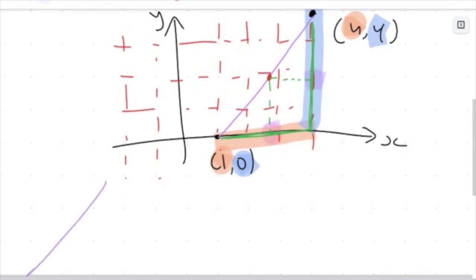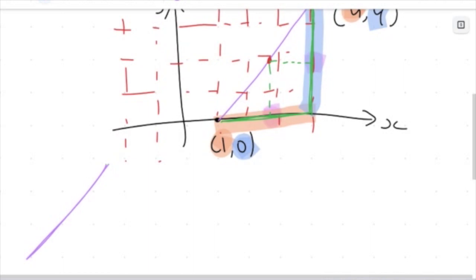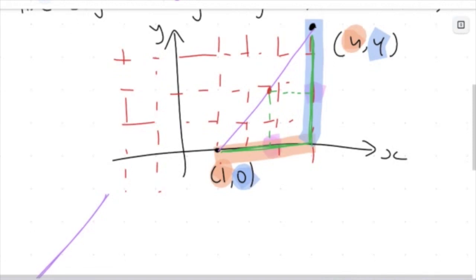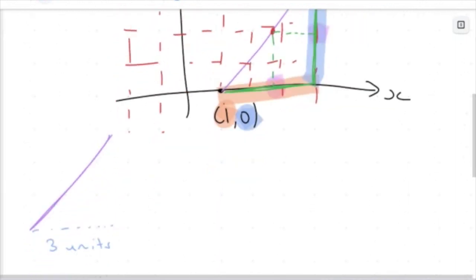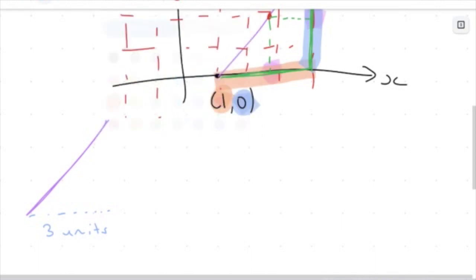So I have my segment, and I have a distance, say from the one x coordinate to the other, from this 1 to the 4, that is 3 units in length. And up here, from my 0 to my 4, well, that's going to be 4 units in length. So stretching all the way up to here, that means I have 4 units of length.